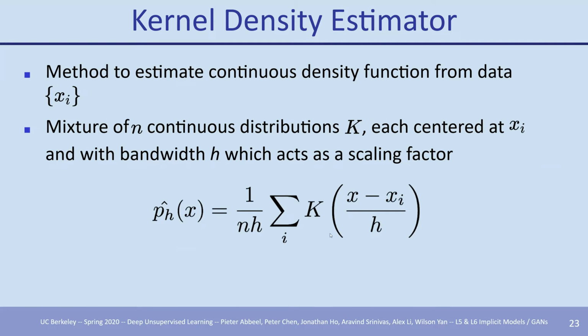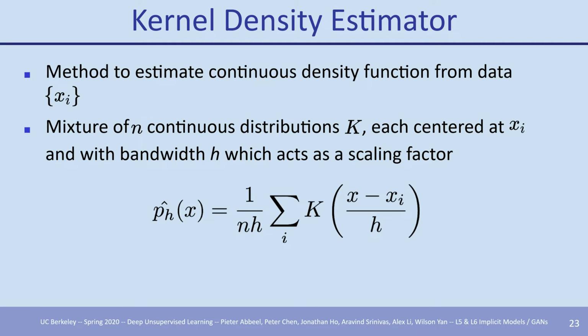Then you add up all of these kernels, one centered at each of your data samples, and you create a continuous distribution. That's called a kernel density estimator. You just put a normal around each data point and sum it all up.